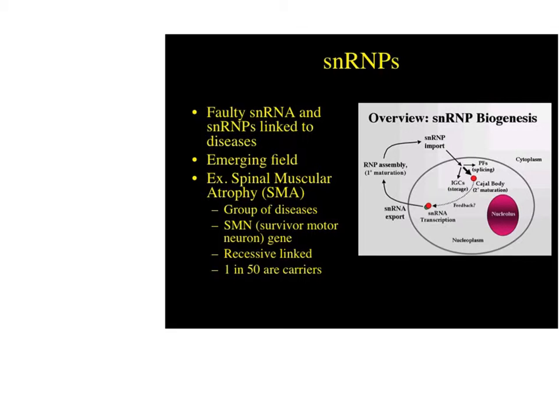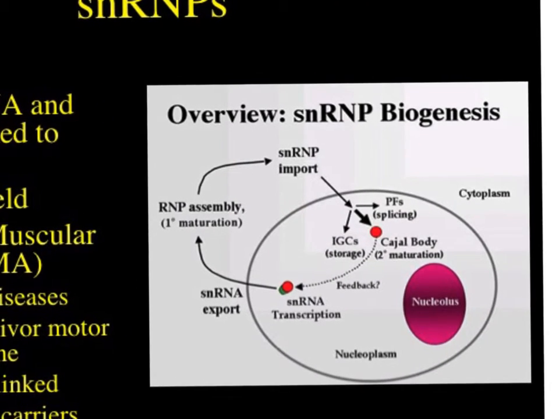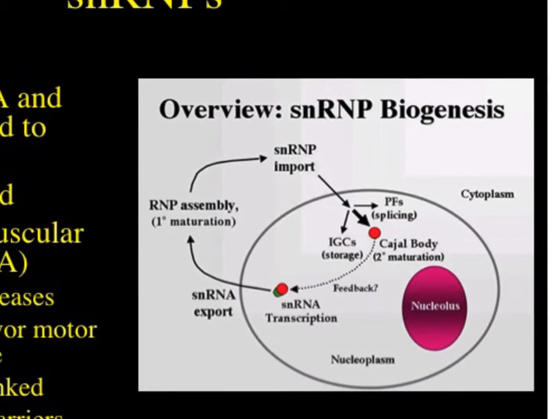There's a lot of research being done on the way that the SNRPs modify the gene. Let me see if I can pull this up. Okay. And so the Cajal bodies themselves are small portions within the nucleus. The way this is shown is that this would be the cytosol, and then we have the nuclear membrane, and then the nucleolus.